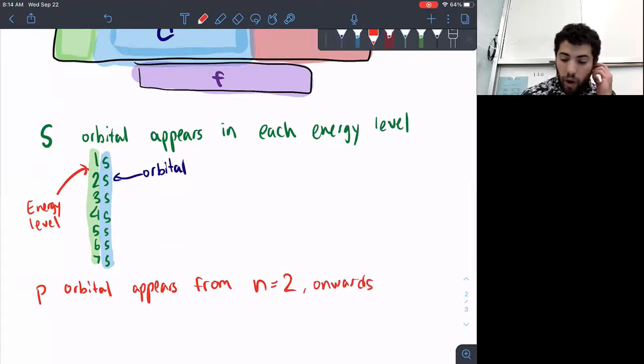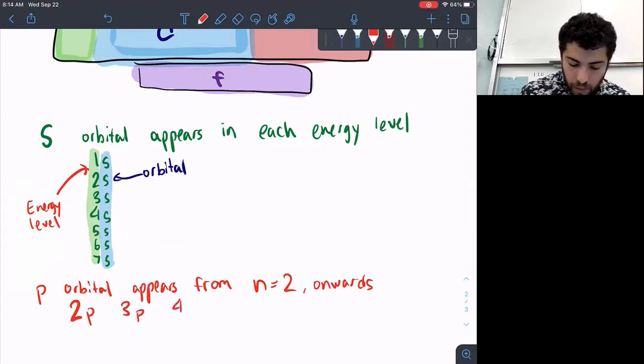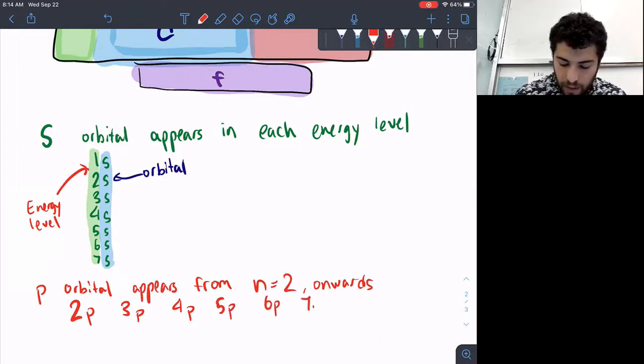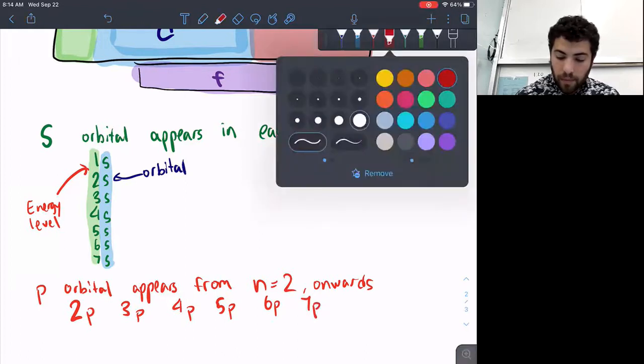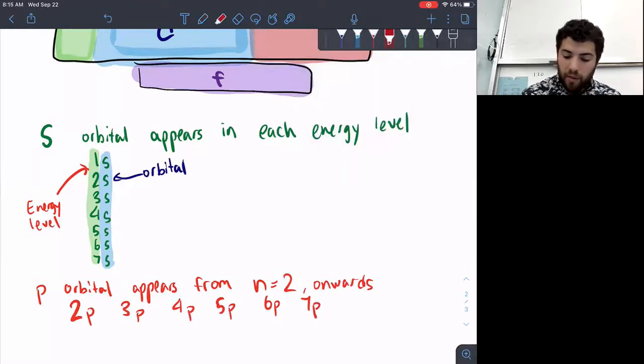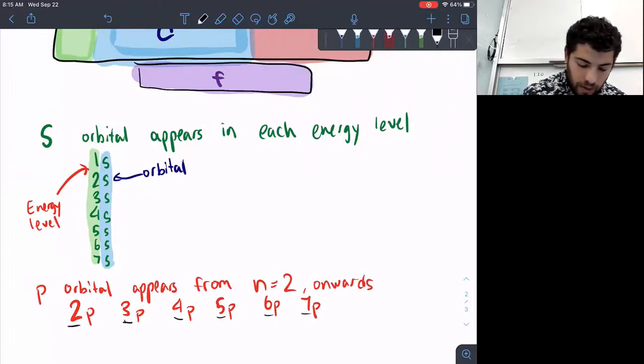So there's no 1p, but there's a 2p, 3p, 4p, 5p, 6p, 7p orbital. So once again, that number in the front is going to be the energy levels, kind of changing the way I'm notating this. Those are going to be our energy level.